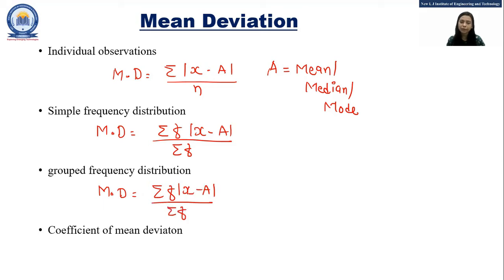For a group frequency distribution, to find the value of x, we have to take the midpoint of the class interval. So x is nothing but the class mark. Now the coefficient of mean deviation is given as mean deviation divided by A into 100. So that is the coefficient of mean deviation formula.